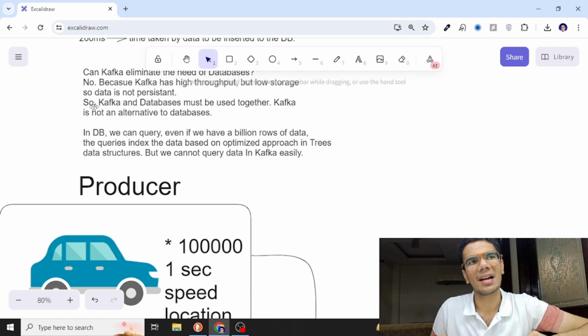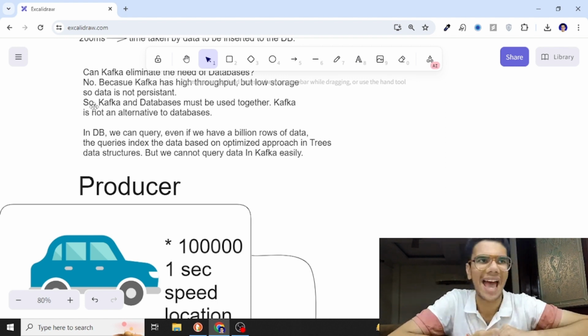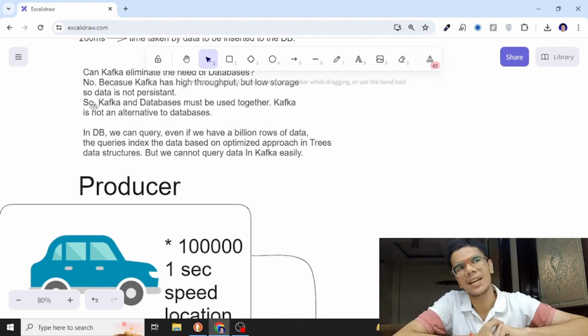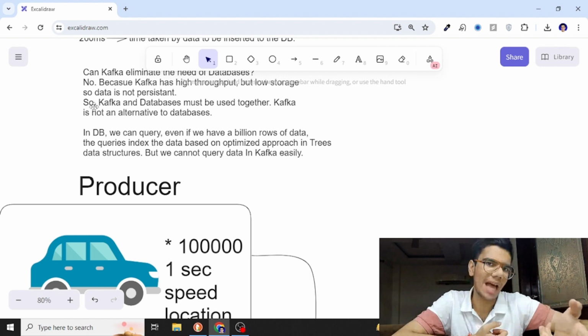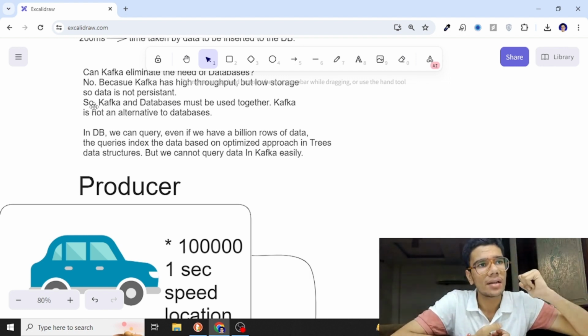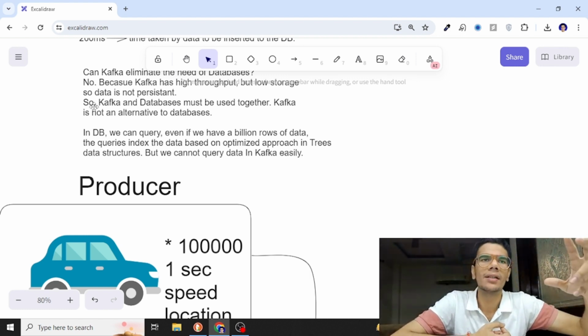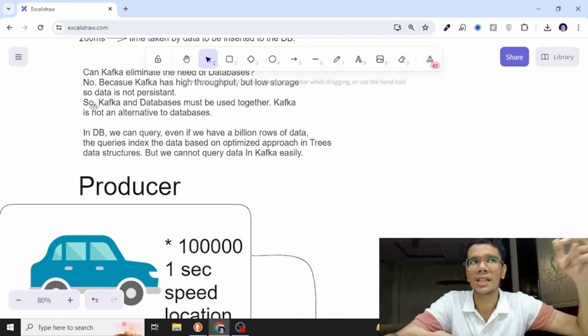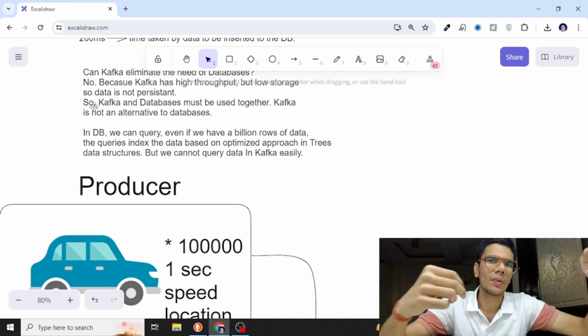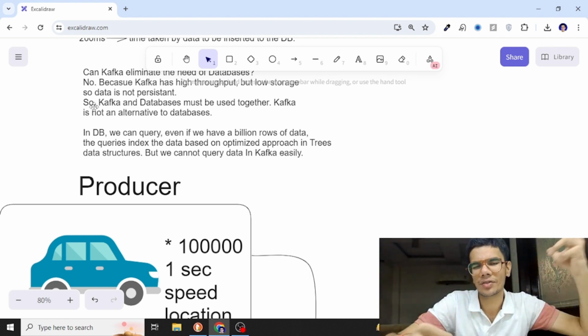So Apache Kafka and databases must be used together. The functionality goes hand in hand. Apache Kafka is not an alternative to databases. In databases, we can query even if we have billions of rows. You might have heard of B plus trees, B minus trees, while studying trees in data structures and algorithms in the computer science course.